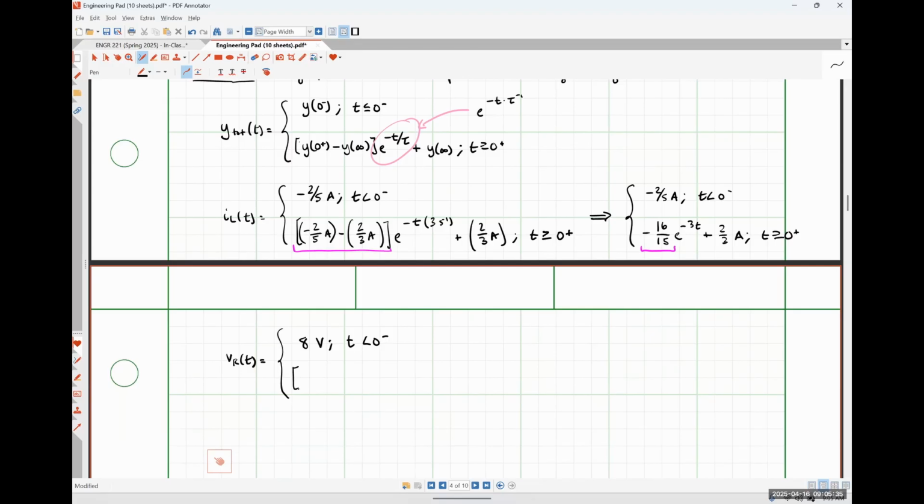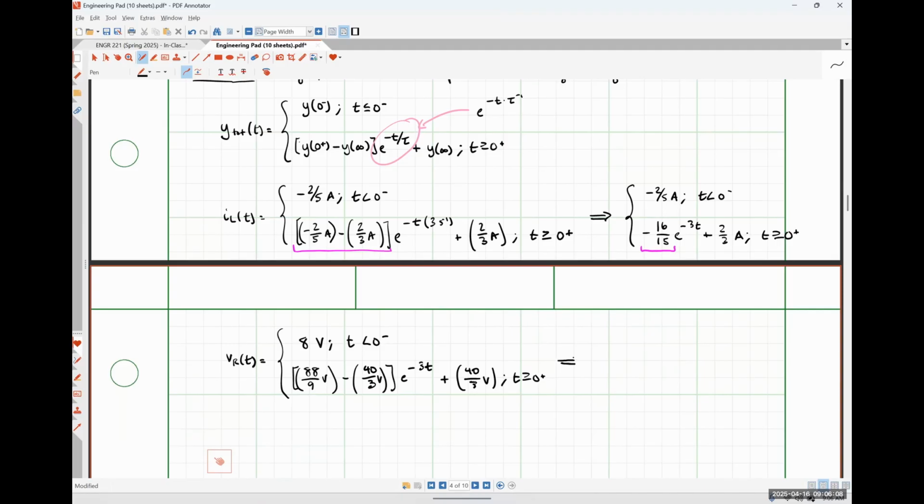You guys are mumbling or I'm half deaf, one or the other. 88 over 9? What was VR at infinity? And then I'm going to have e to the minus 3t plus 40/3 of a volt for t greater than or equal to 0 plus.